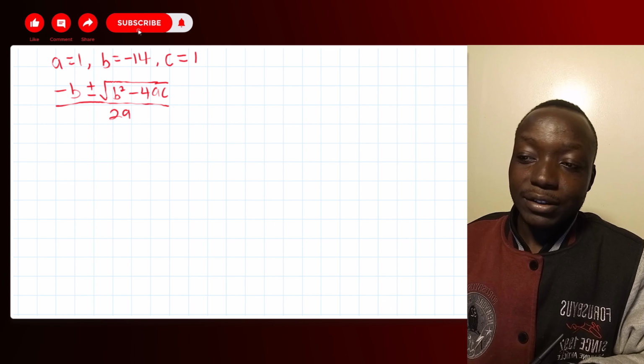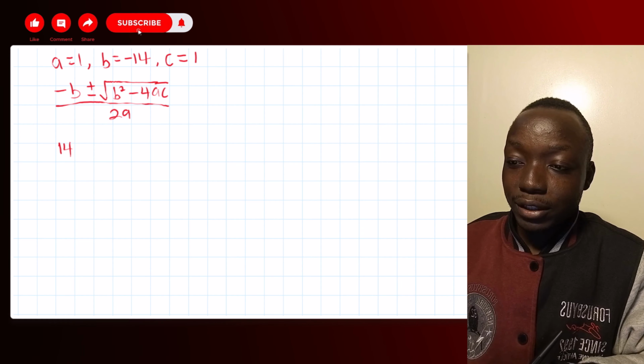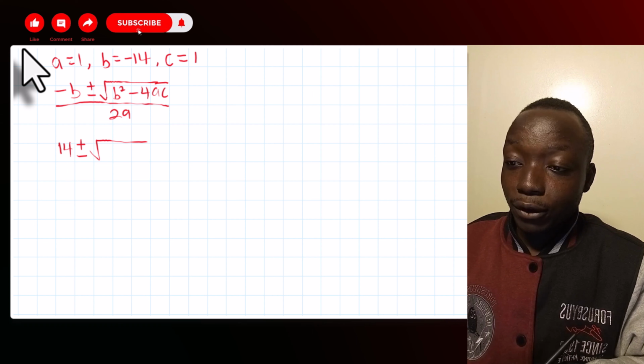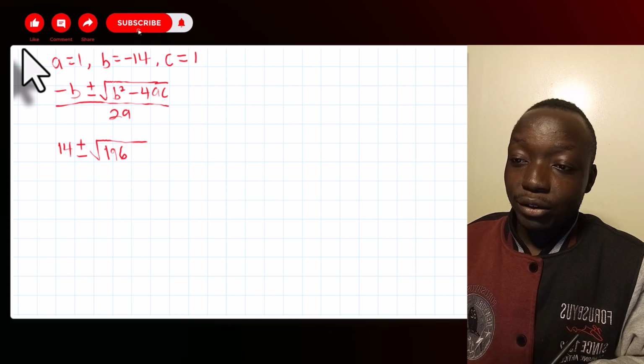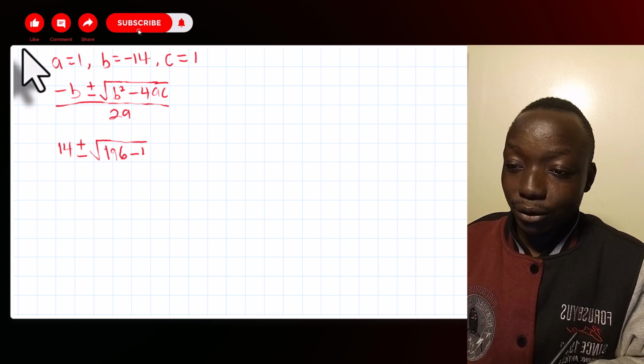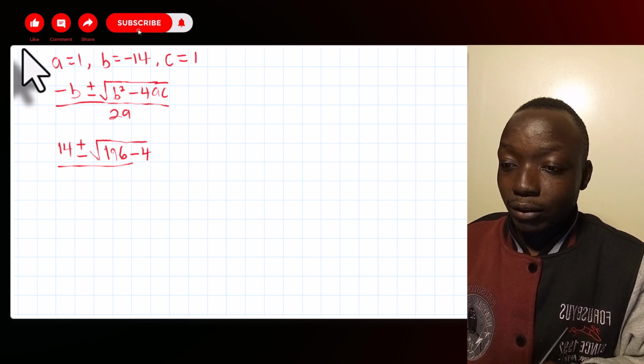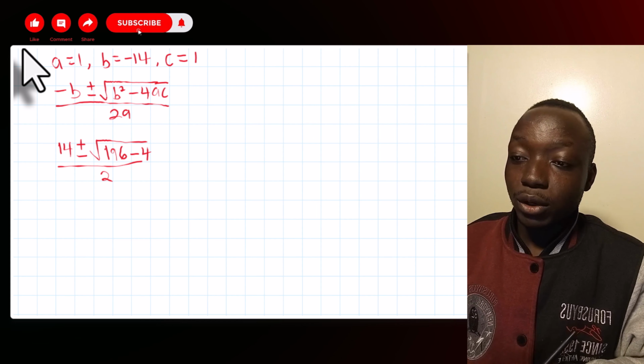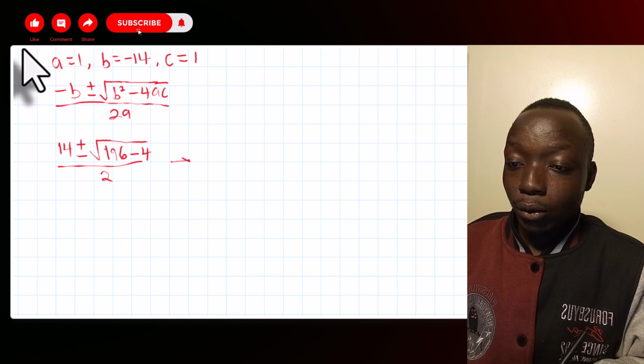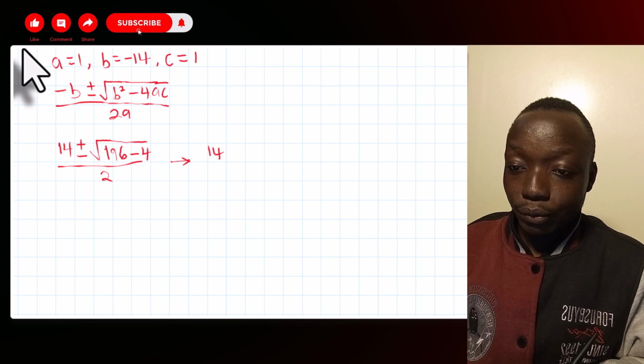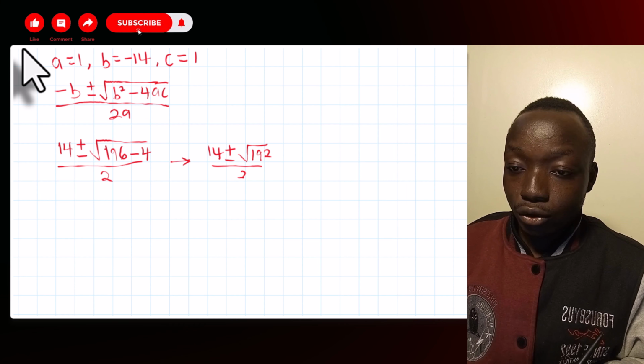You have minus negative 14, this is 14, plus or minus square root of negative 14 squared is 196, minus 4 times 1 is minus 4, divided by 2 times 1 is 2. So here we're going to have 14 plus or minus square root of 192 over 2.